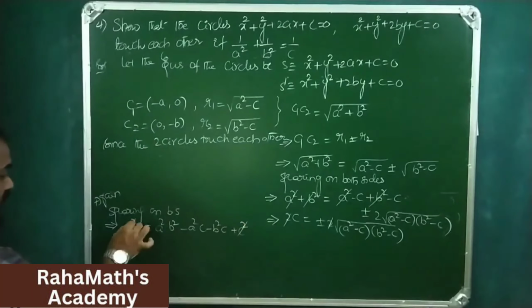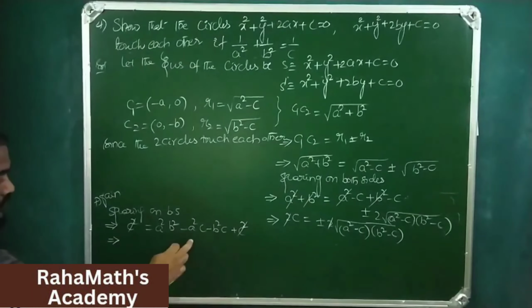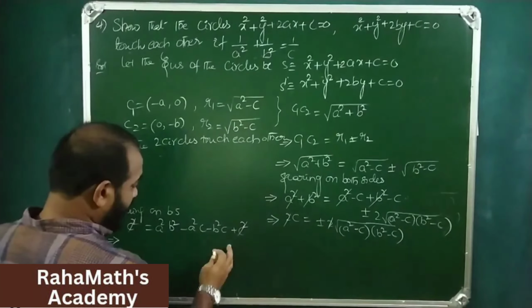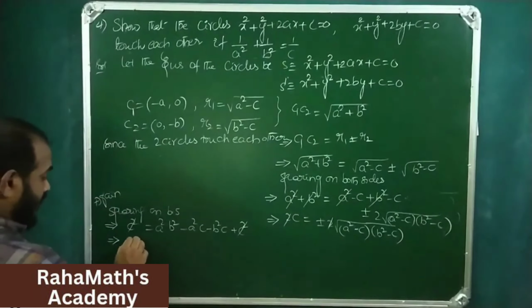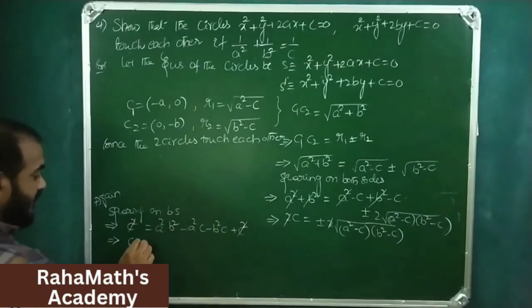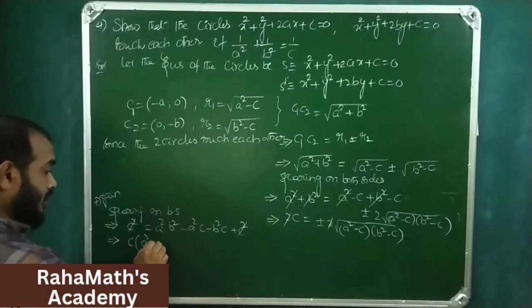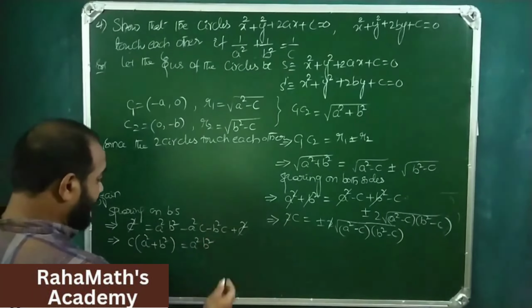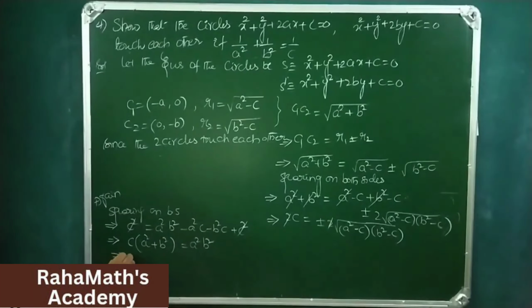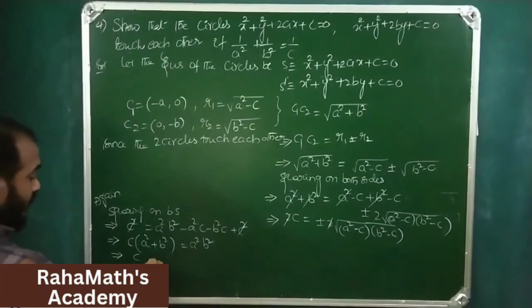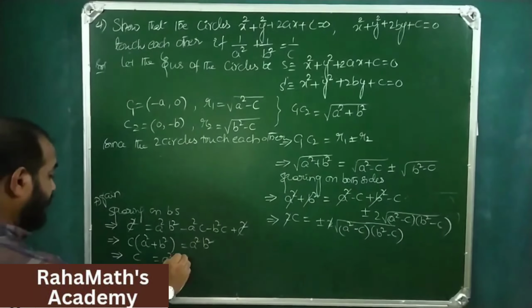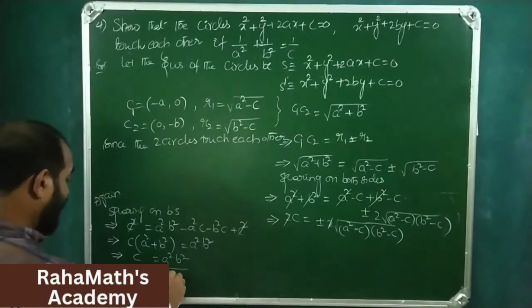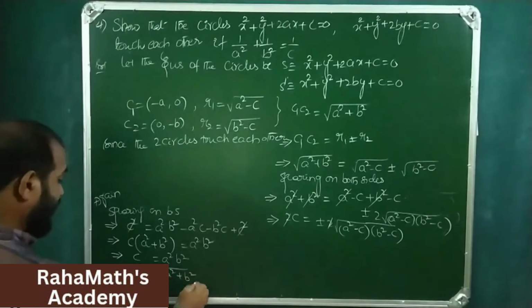C square gets cancelled. If you bring this to this side, then c into a square plus b square is equals to a square b square. This implies c is equals to a square b square by a square plus b square.